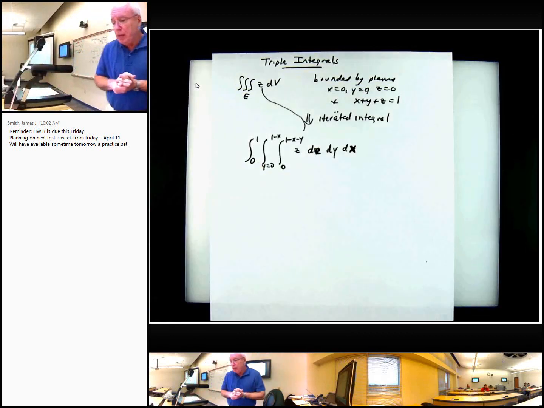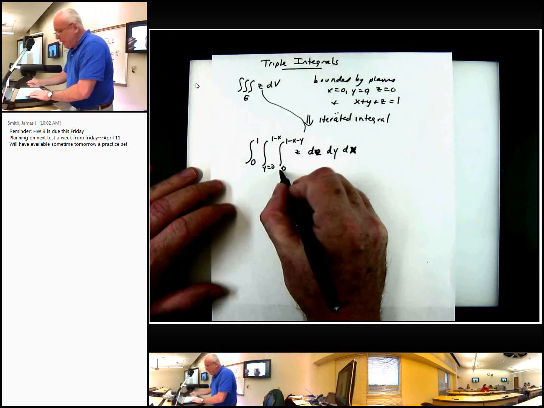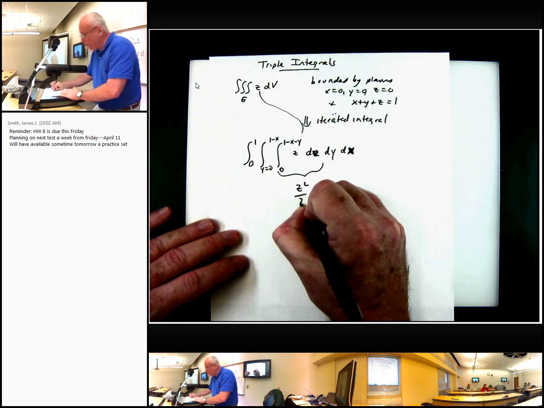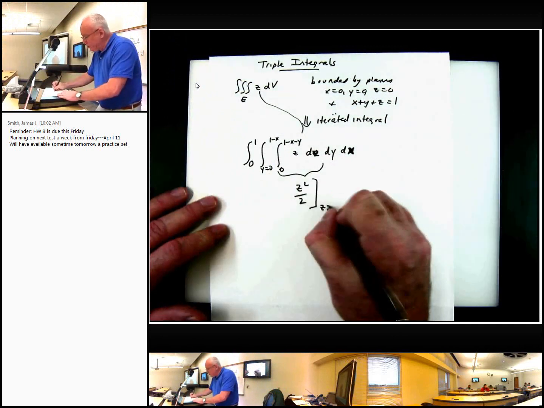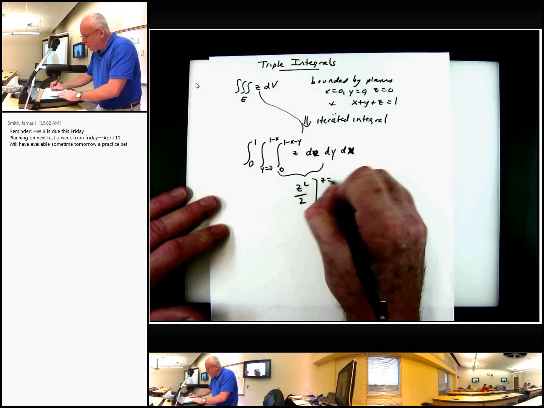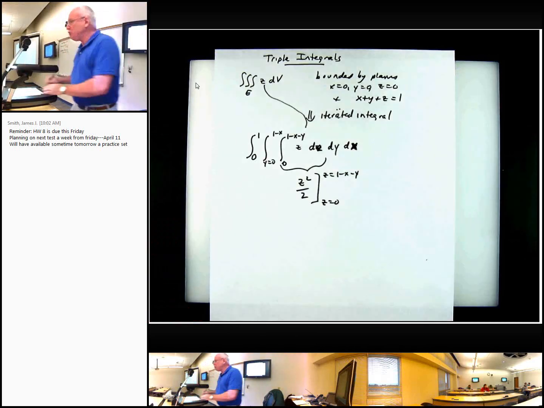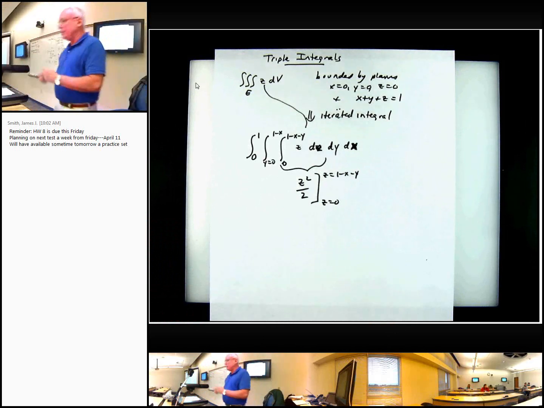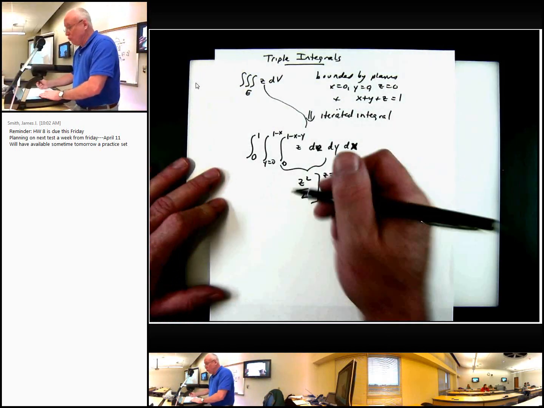Now, we work from the inside out, and so the antiderivative of z, of course, is z squared over 2. Then we look at the bounds, z equals 0 to z equals 1 minus x minus y. The reason I want to do this problem is to show you that there's an easier way to work this than what you might perhaps do.